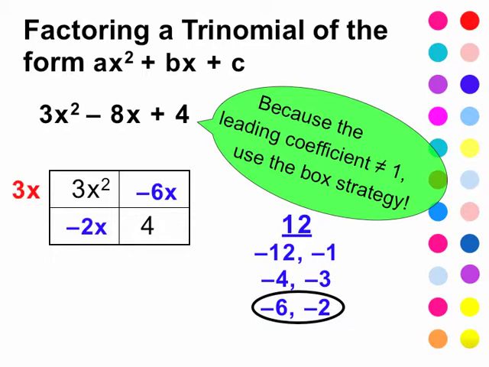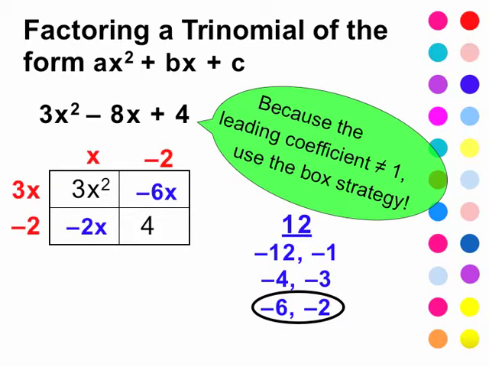Now you think about your lattice multiplication. And I'm looking at that 3x, which is in red, and I think 3x times what equals 3x squared. And now I think x times what equals negative 2x. And negative 2 times what equals positive 4.